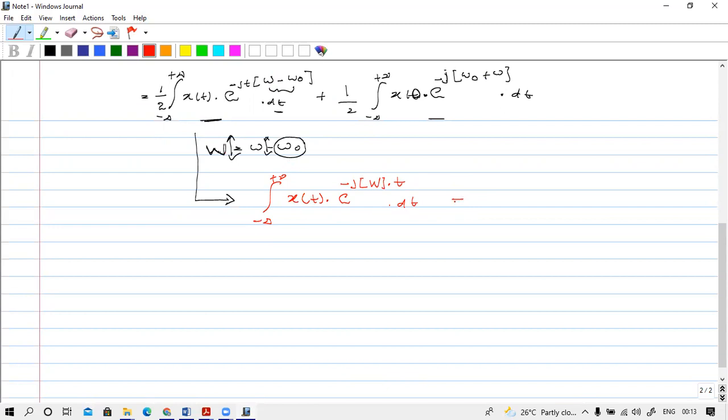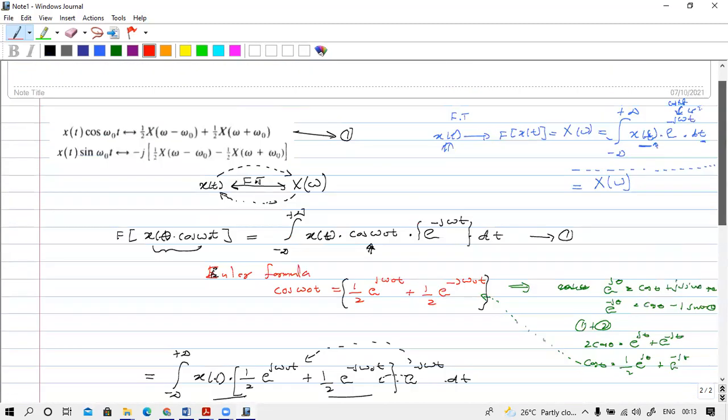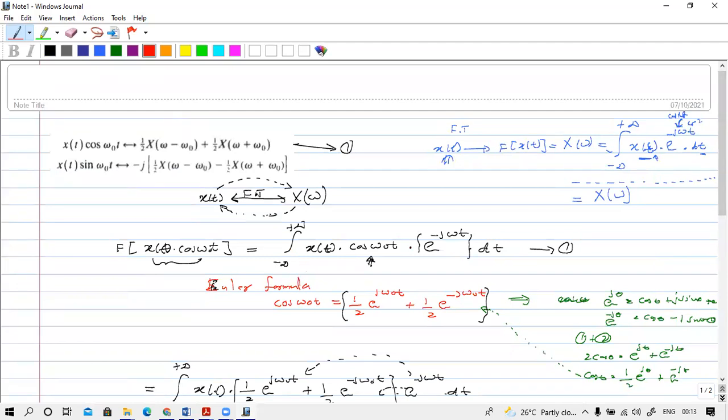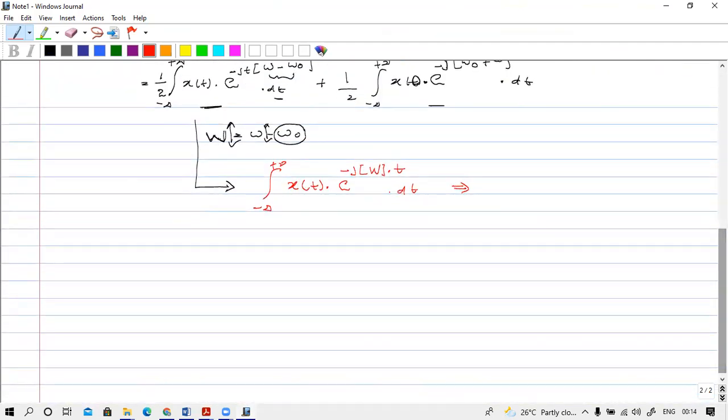So you can remember that this is our Fourier transform identity. I will write it again here. If we have a signal x(t) and we take the Fourier transform, we will get capital X(omega), and that is equal to the integral from minus infinity to plus infinity of x(t) e^(-j omega t) dt.